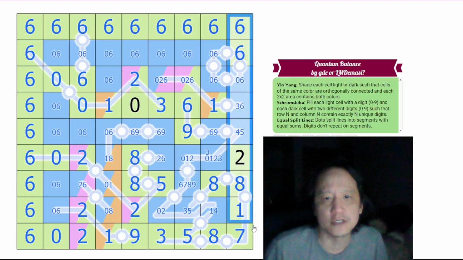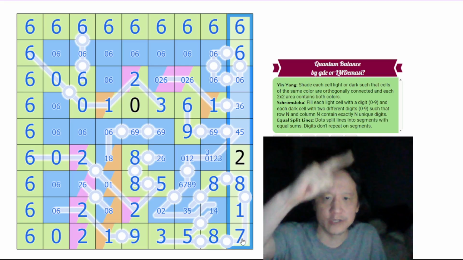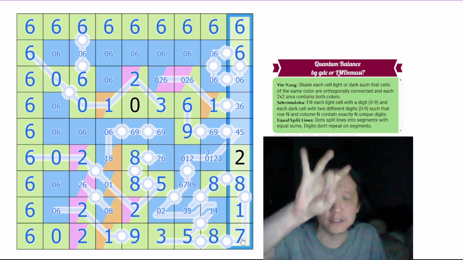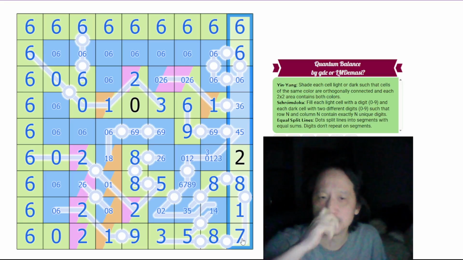Okay, the unique digits in column 9. Let's just make sure that we have that. 0, 1, 2, 3, 4, 5, 6, 7, 8. That's 9 unique digits.